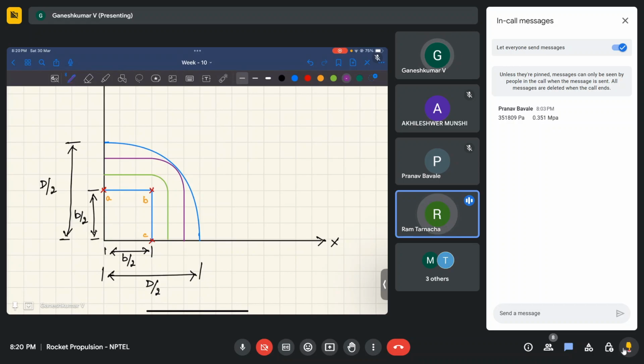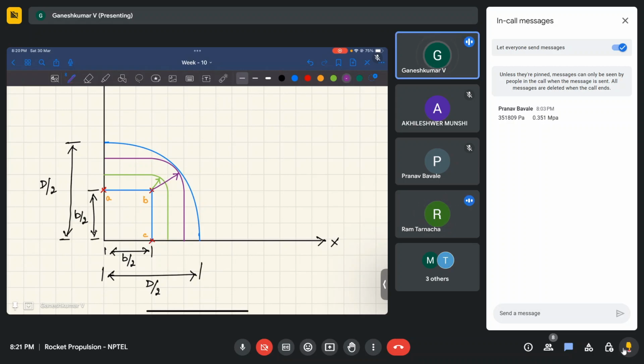Again, this may coincide with the outer or it may not. Let me draw this radius also. This is some radius which is measured from B, and this is some other radius which is again measured from B. This may coincide or may not coincide. At this point it looks like it coincides.